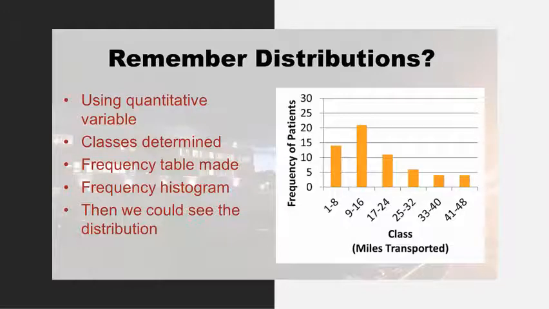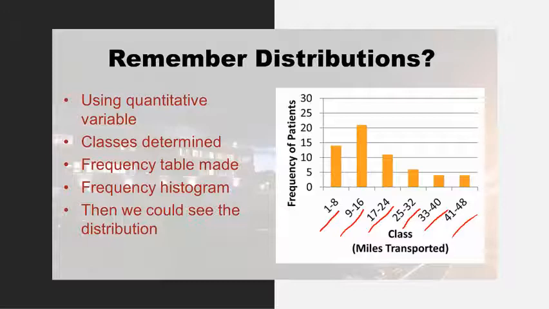Of course, using quantitative variables, we determine our classes. Remember? We do the math to figure that out. We figure out what our classes are, we make our frequency table, and we make our frequency histogram, which is what we see on the right side here in this graph.